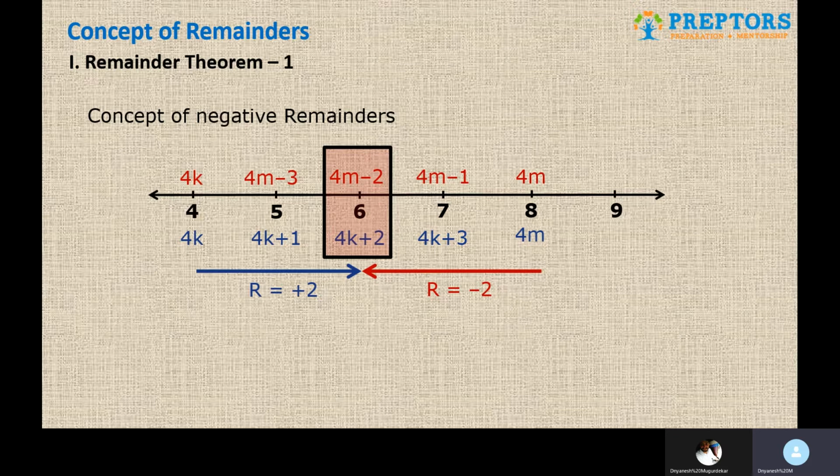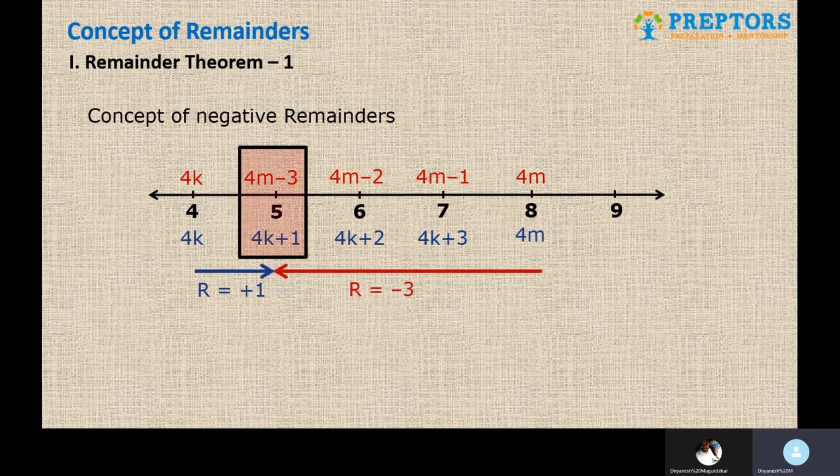For example, if we pick 6, one of the generic types, if we divide by 4, we will get the remainder as plus 2. And the other type will get the remainder as minus 2. For 5, one of the generic types when divided by 4 will give us the remainder as plus 1, and the other generic type will give us the remainder as minus 3.